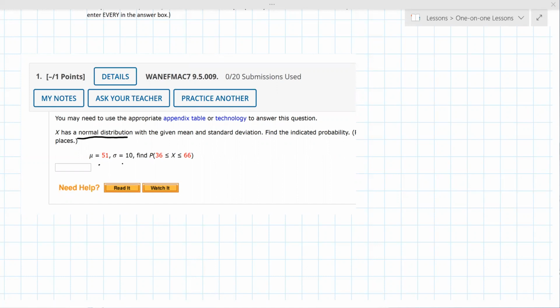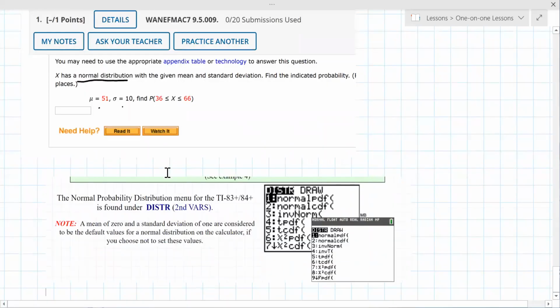It's very antiquated to do on your calculator, but that is what they want. So, all right. It says here, if you do a normal distribution, which is second vars, you always want to choose normal CDF. Okay.